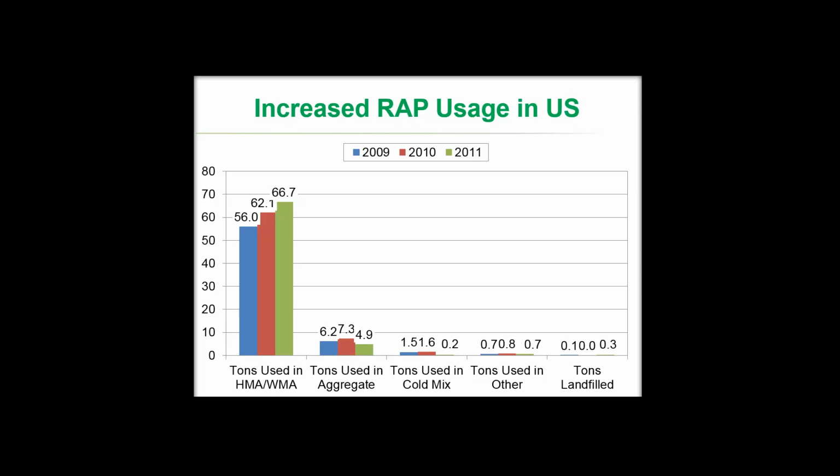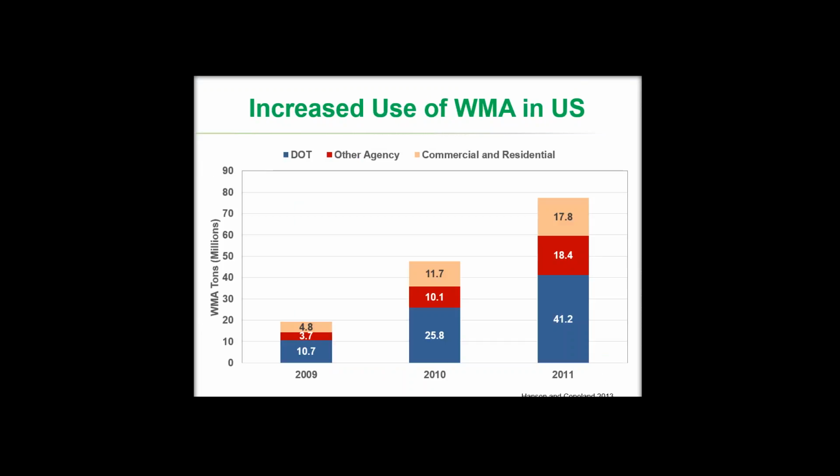Some of it's used in recycling in cold mix, and very, very little is landfilled, as we can see here, a tiny amount. RAP has value as aggregate and asphalt, and that's clearly recognized in the industry. And the more that we can facilitate this and still get the kind of performance and durability that we're looking for, we can continue to reduce environmental impact and cost.